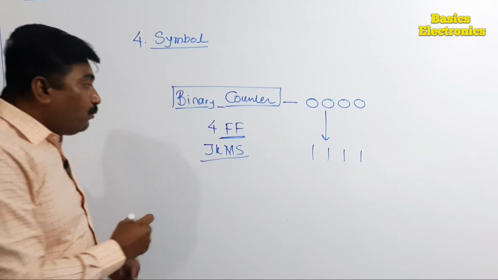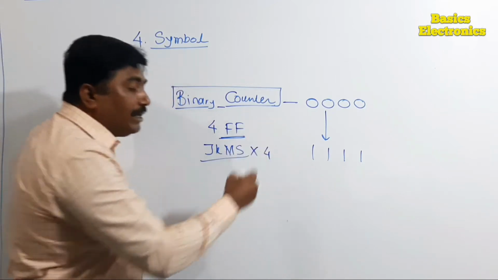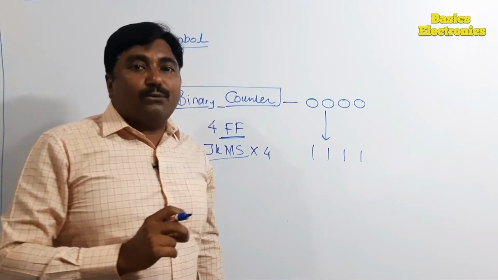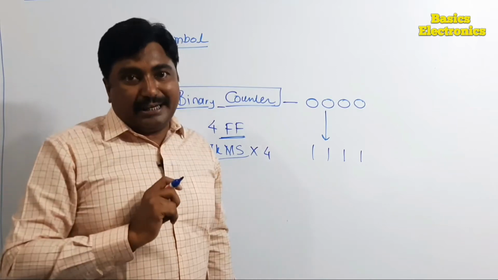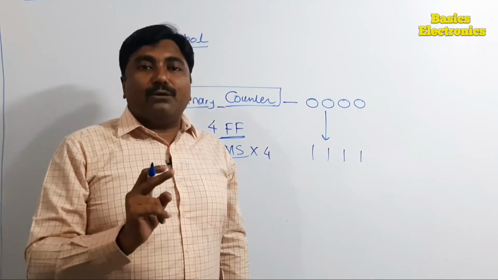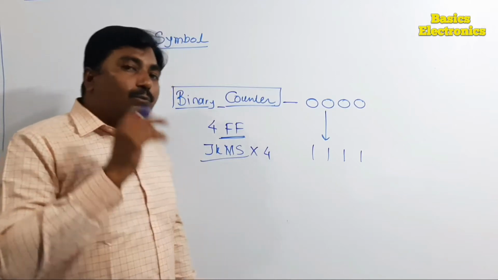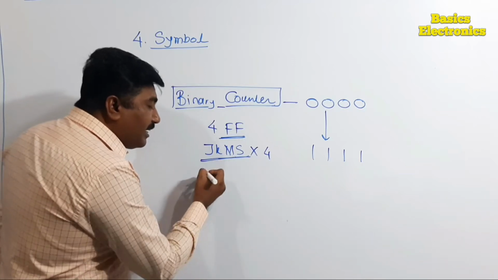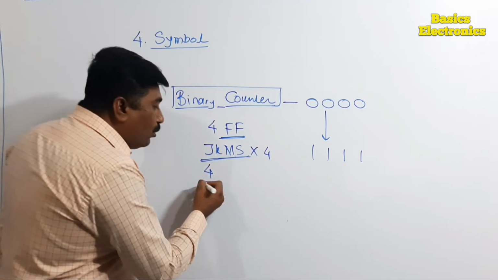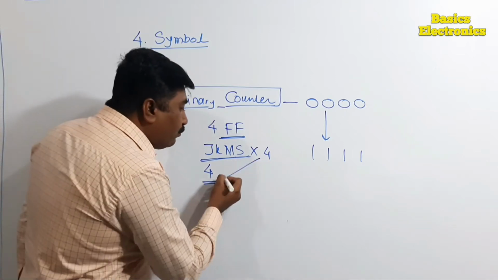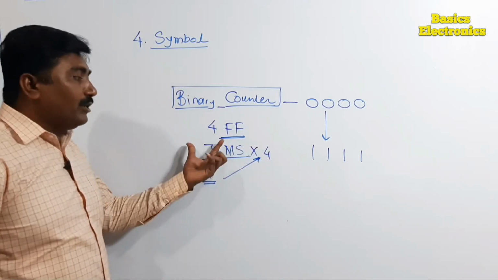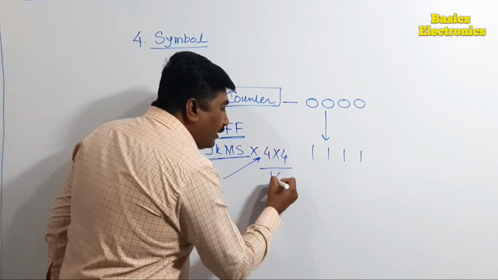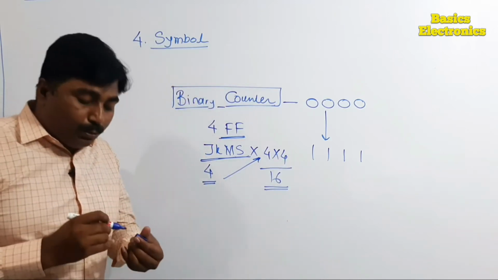For the construction of one normal flip-flop we require 2 logic gates, whatever the type of gate. For the construction of one JKMS flip-flop we require 4 logic gates. So 4 multiplied by 4 means we require 16 logic gates.